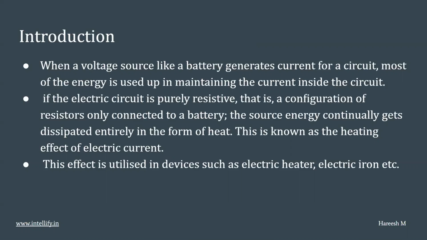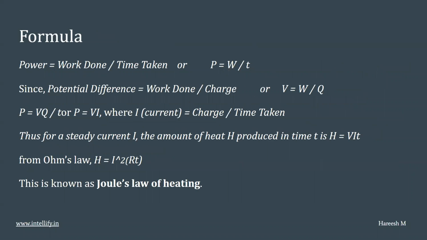Now let us look into the scientific formula side. How do we derive the formula for this heat? First of all, you all know that power is equal to work done upon time, so P = W/t. And we also know the definition of potential difference: it is the work done to bring a unit charge from one point to another.